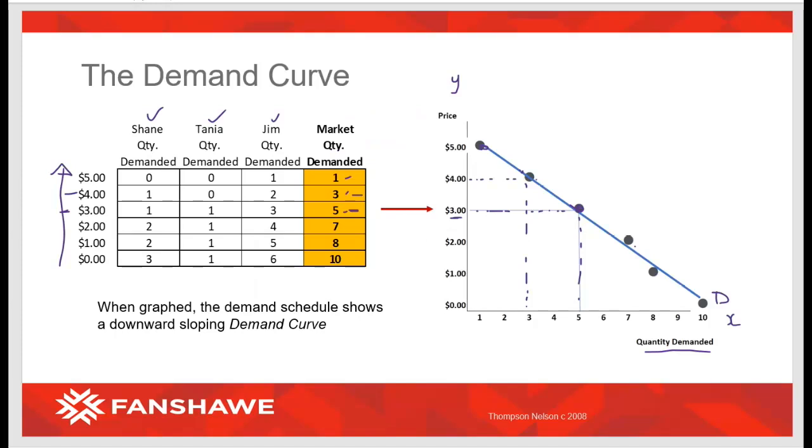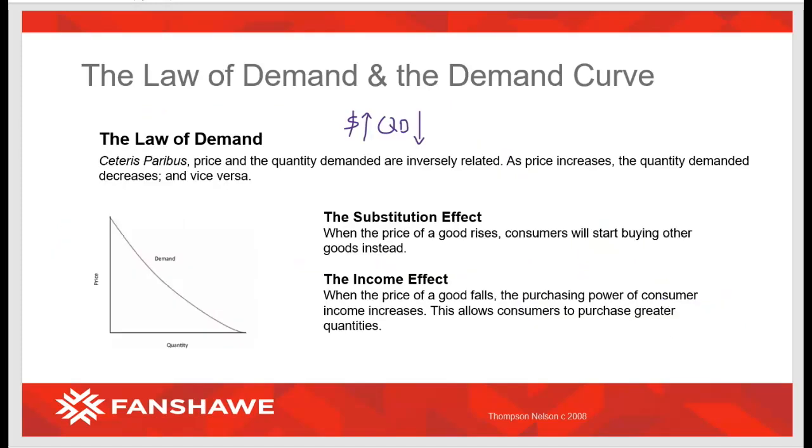The quantity demanded is going from 10 units to 1 unit, right? It's decreasing. I know the arrows are facing the same way, but just visualize that the quantity demanded is going down as the price is going up, right? So price is increasing, quantity demanded is decreasing, and vice versa. If the price is going down, then the quantity demanded is going up, right? That's the law of demand.